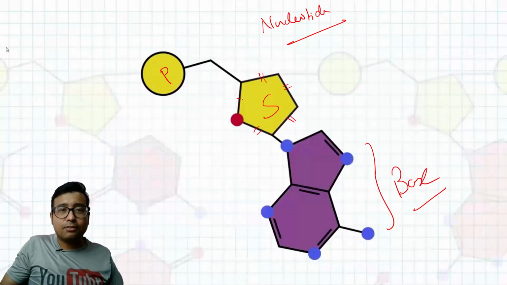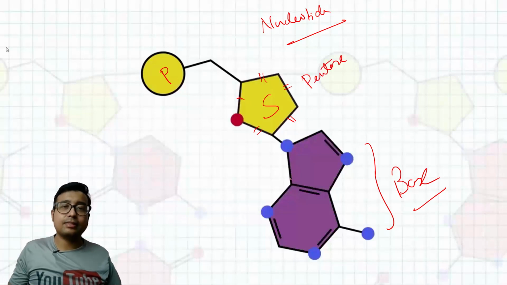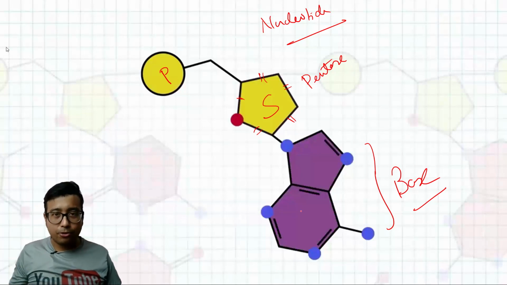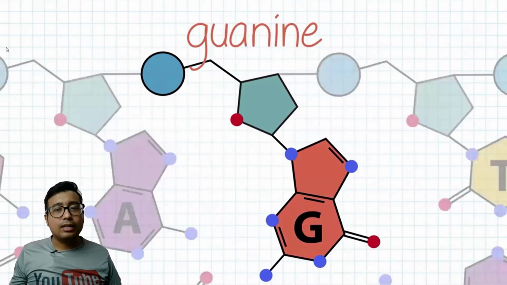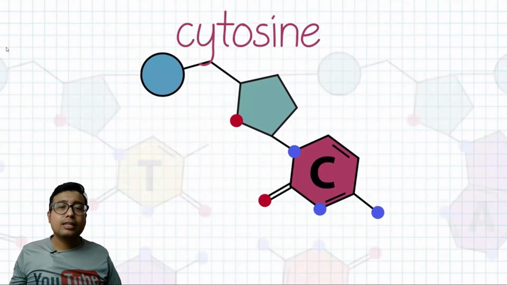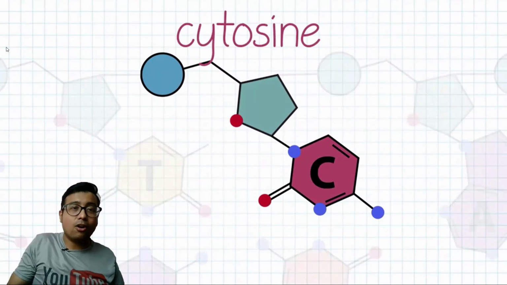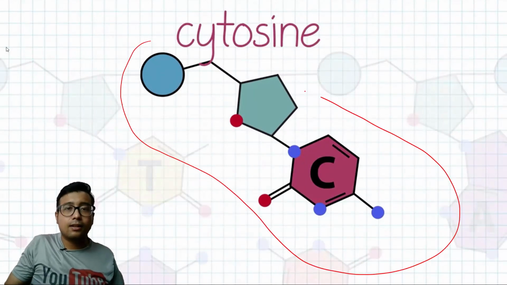Okay, so it's a furan structure. Basically it's nothing but a pentose sugar, right? And this base can be either one of the 4. They are adenine, guanine, thymine and cytosine. All right, so all of these are nucleotides.